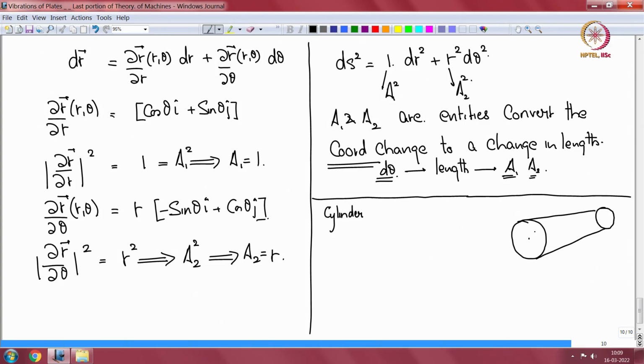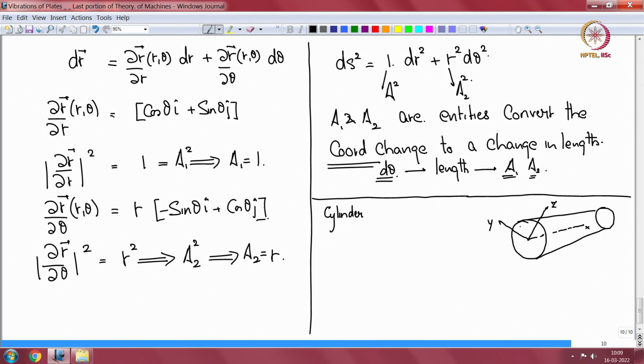And I will take my x axis along the central axis, then I have my y this way, and then my z this way. Okay, so this is y, this is x, this is z.